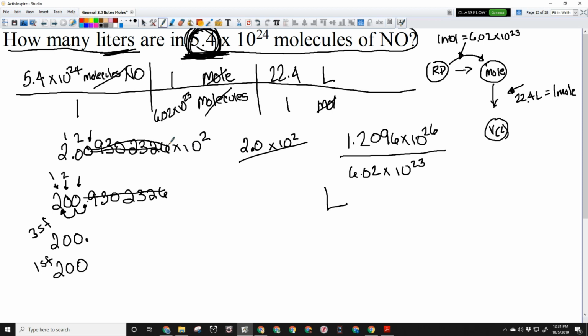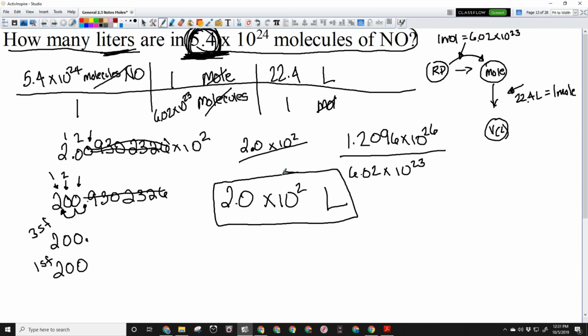Second power. Well, that's what I got from my calculator already. So by having my calculator set up in scientific notation, I can avoid this extra step, but you do whatever you want to do. The answer is 2.0 times 10 to the second power liters. Okay?